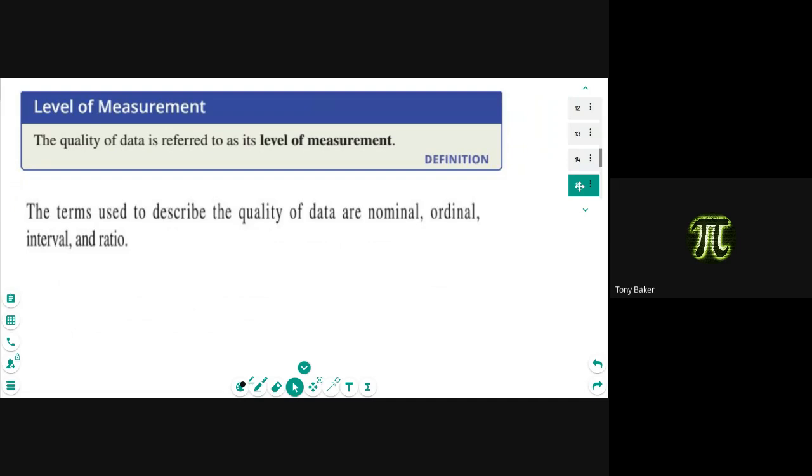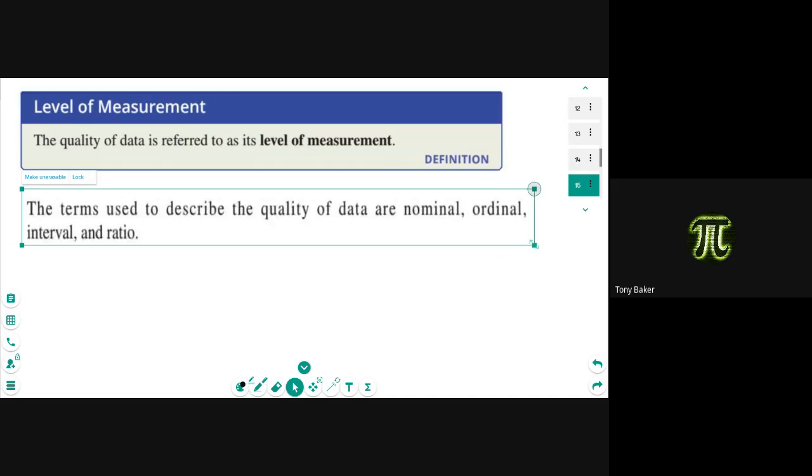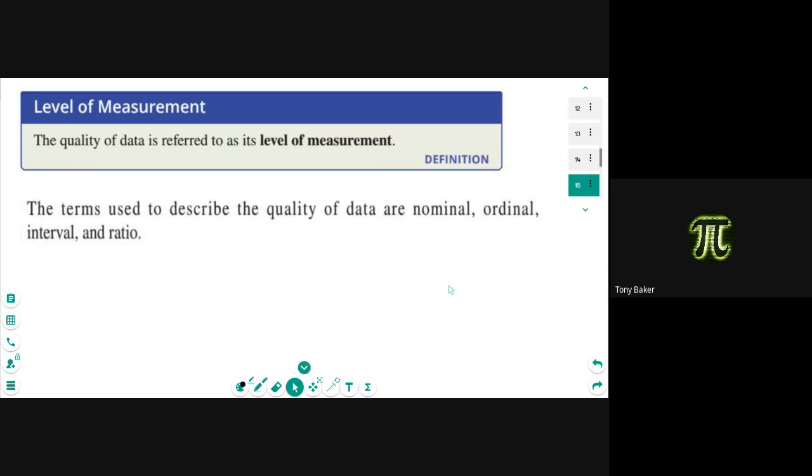All right. This is the hard one. Level of measurement. Level of measurement is the quality of the data. This is the type of data. The quality is not whether it is good or bad, it's the type of data.